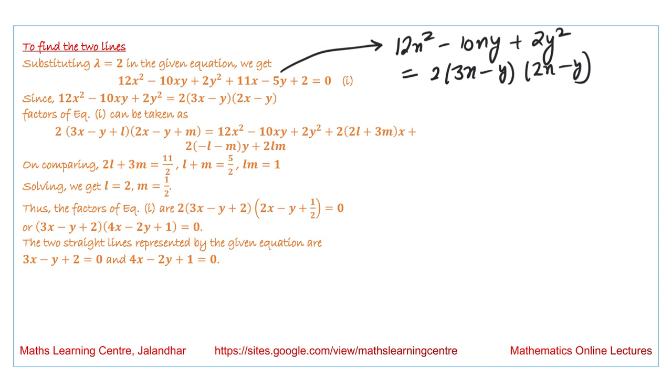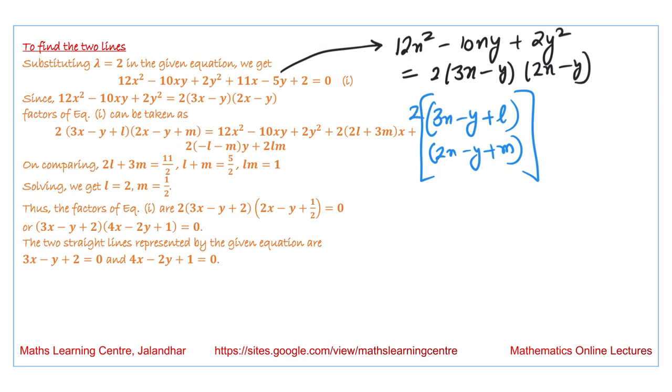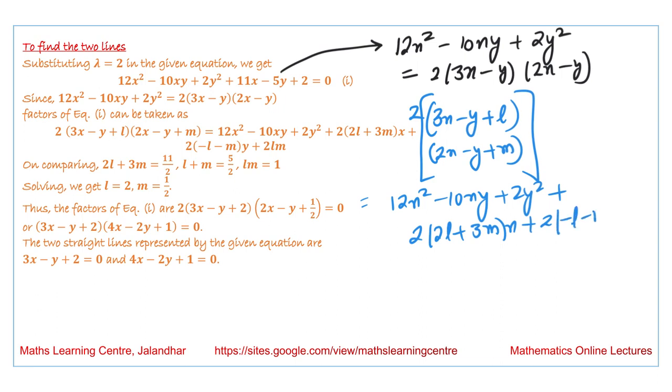Now, we consider the equations in the form 3x - y + l and 2x - y + m. We take the product of these two. On multiplying these terms, you will get 12x² - 10xy + 2y² + 2(2l + 3m)x + 2(-l - m)y + 2lm.